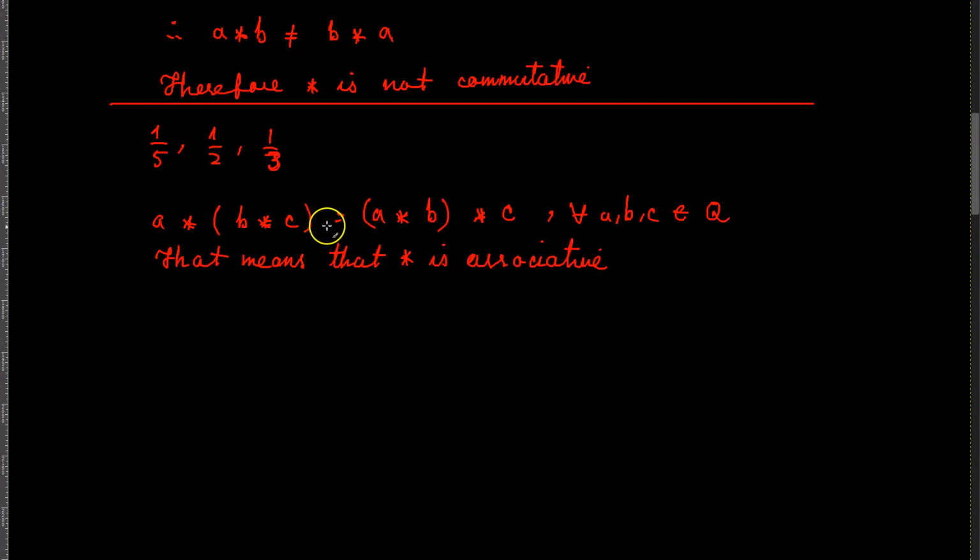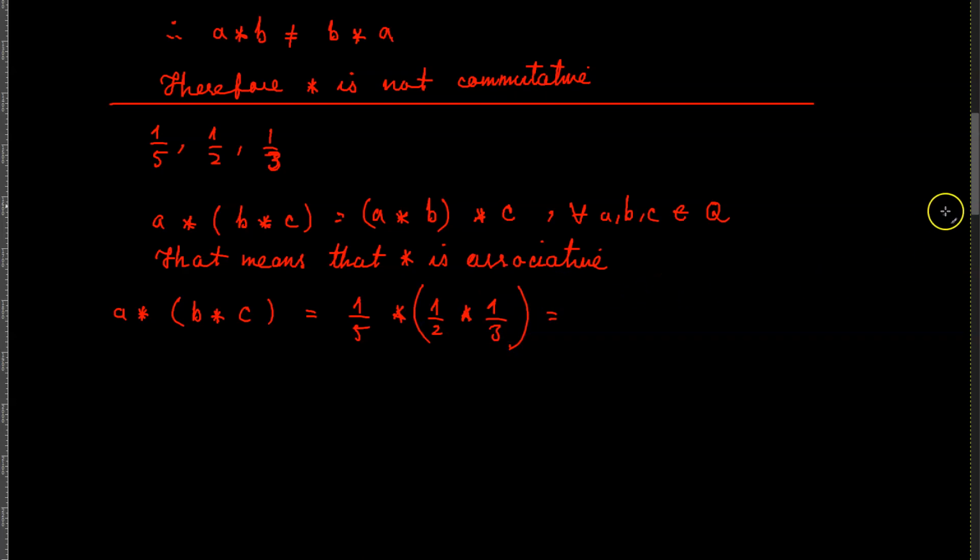If I calculate A star (B star C), that would be equal to 1/5 star (1/2 star 1/3).